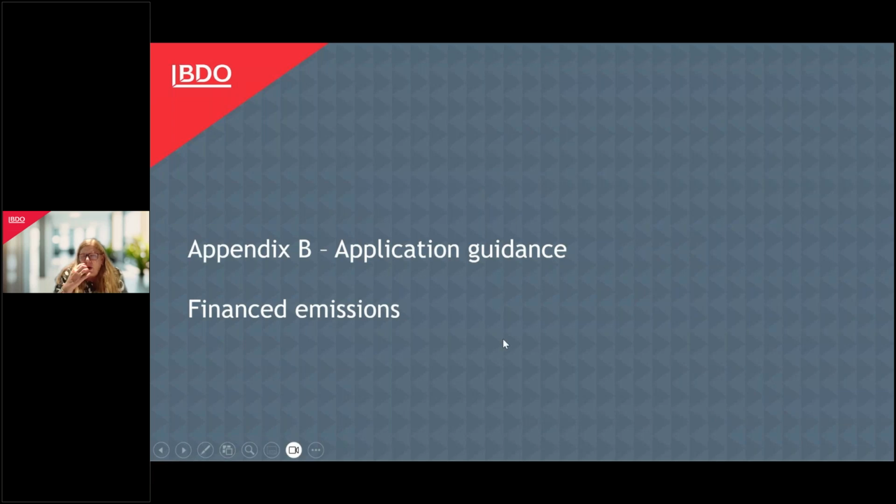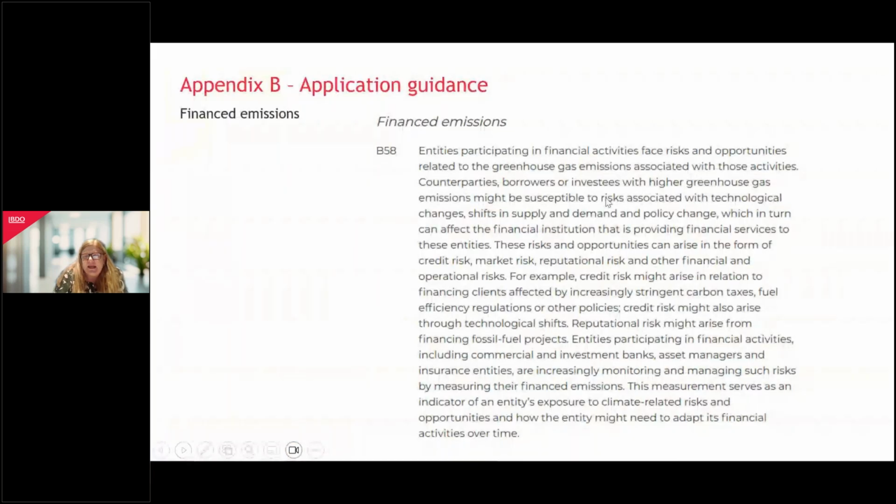I think I wanted to call out, in the few minutes we've got left, the application guidance around financed emissions in Appendix B. So they talk about financed emissions: entities that participate in financial activities, so your banks, insurance, asset managers, asset owners, face risks and opportunities related to the greenhouse gas emissions associated with those activities.